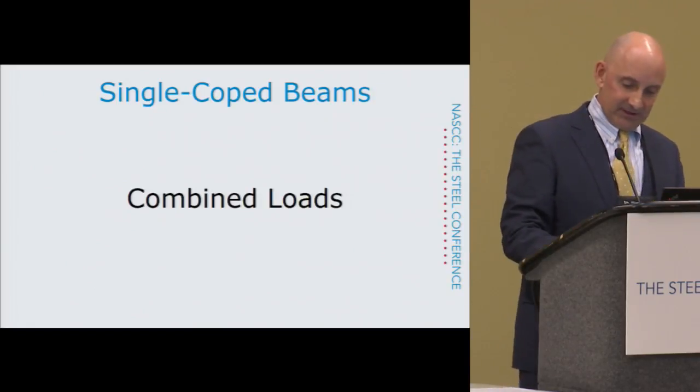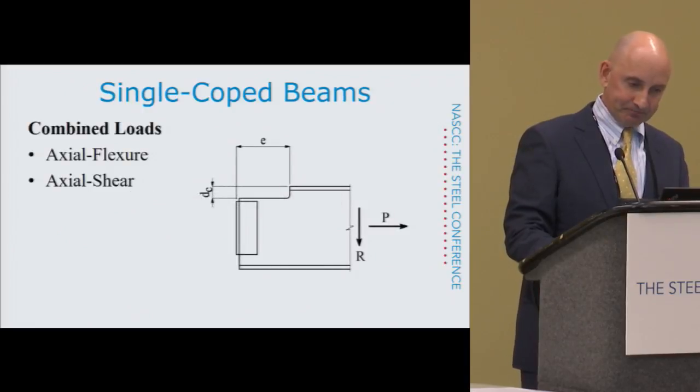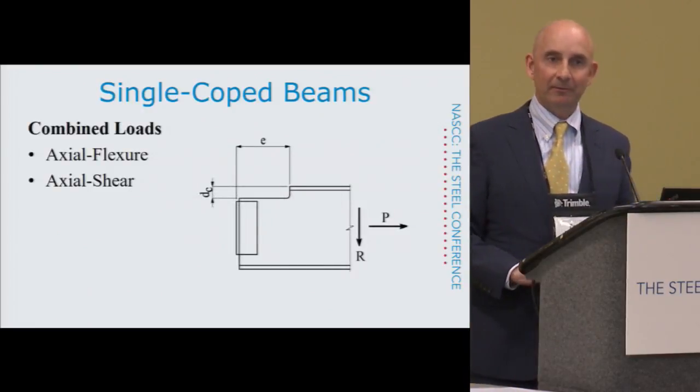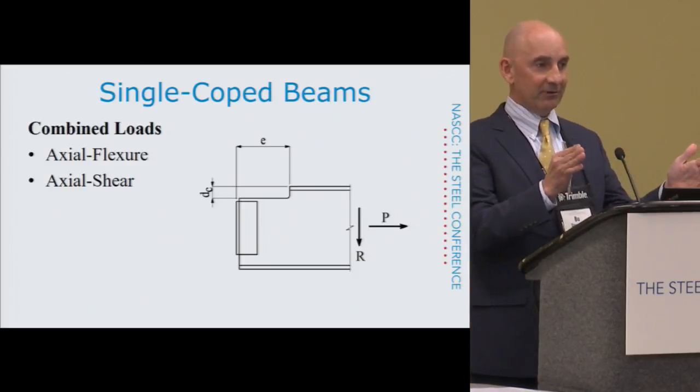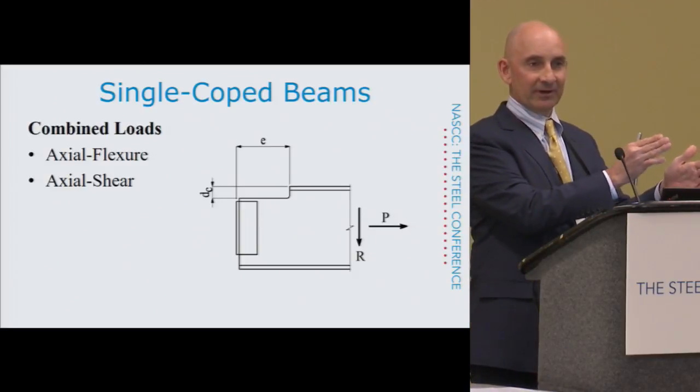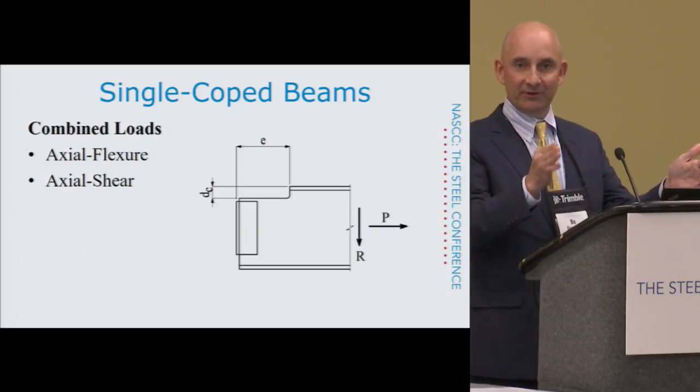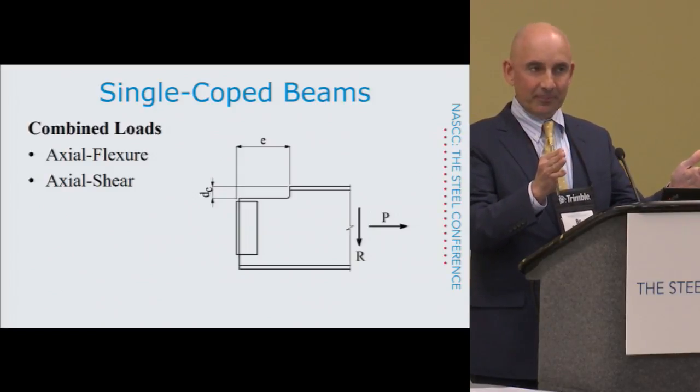So I took a look at the testing, and as it turns out, it was a little too conservative to try to combine all 3 of those loads, like an interaction type equation with all 3 of those things in it.